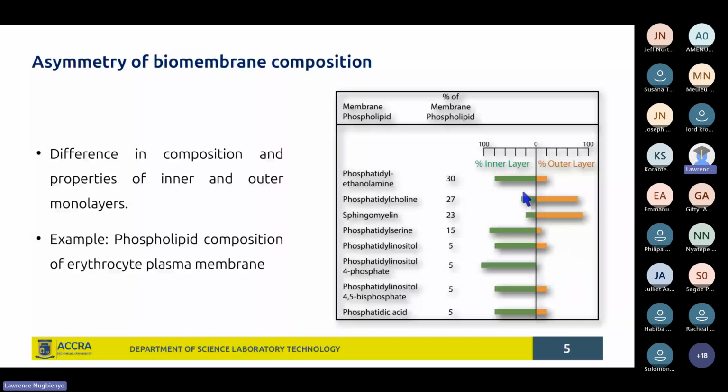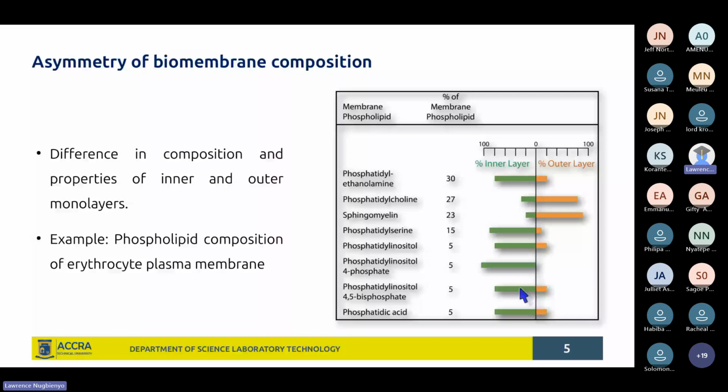And you see that for the different lipids, like phosphatidylserine, you are having more of it in the inner layer than in the outer layer. Same thing to do with the rest: phosphatidylinositol, phosphatidylinositol 4-phosphate, phosphatidylinositol 4,5-bisphosphate, phosphatidic acid.